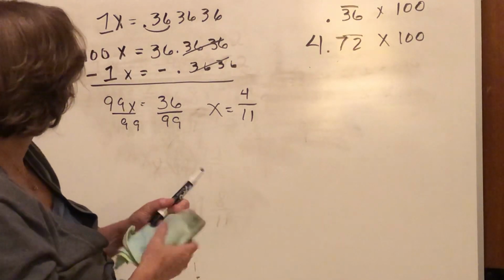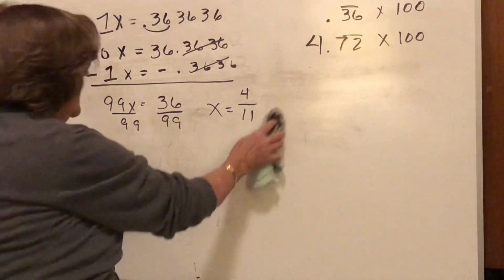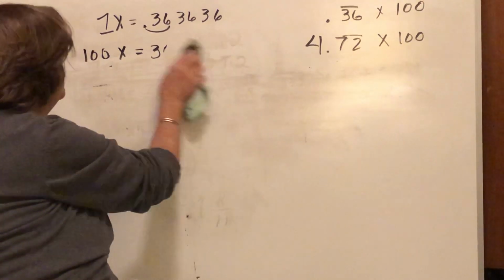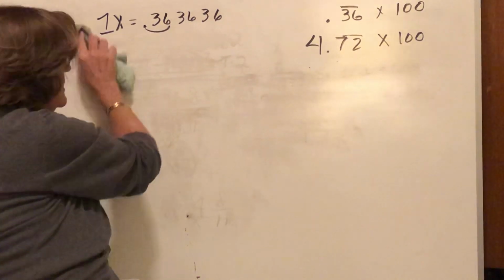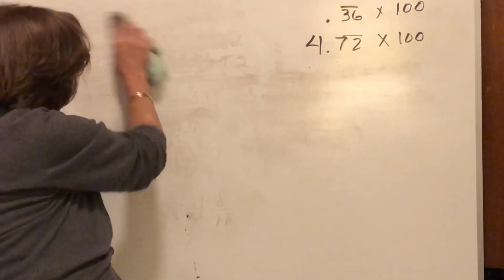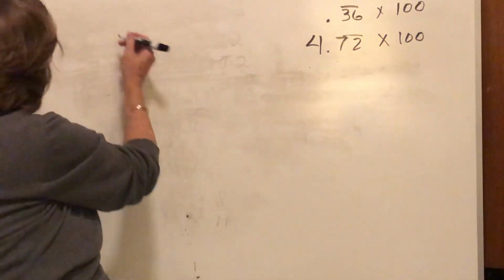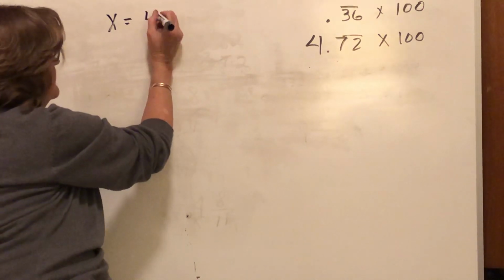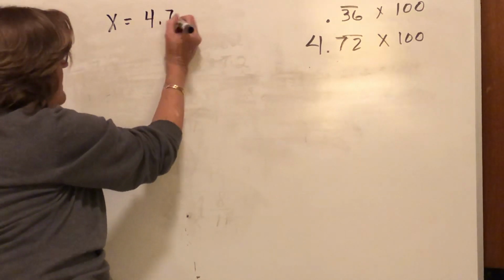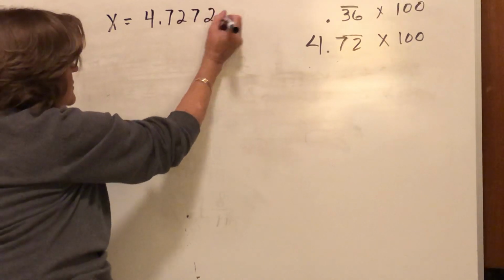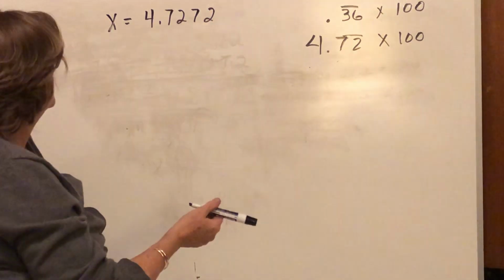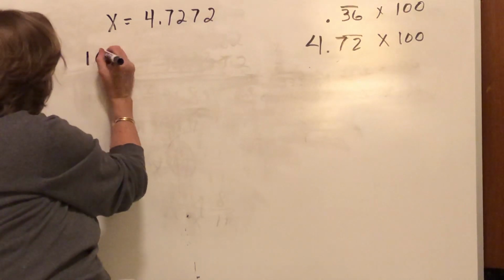All right. So let's try this last one. And now I have 2 digits repeating. I've got the 7 and the 2 repeating behind the decimal. So we're going to start here. This is my x. My original statement is 4.7272. I think that's enough, right? So now I'm going to multiply both sides by 100.